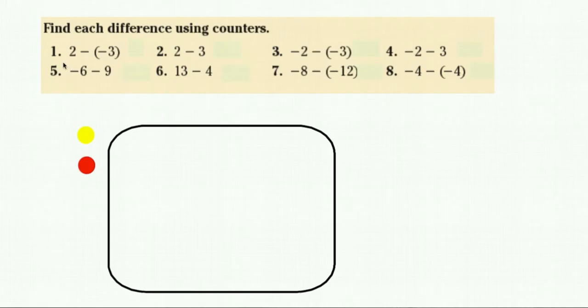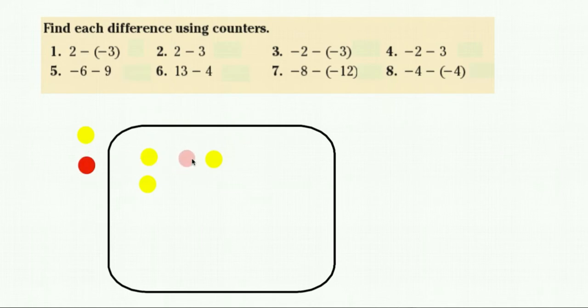Take a look at number 1, 2 minus -3, and let's use counters to solve these problems. 2 means you have 2 positive counters, and then you are subtracting 3 negative counters. If you notice, there are no negative counters in there. So what we need to do is add 3 zero pairs.